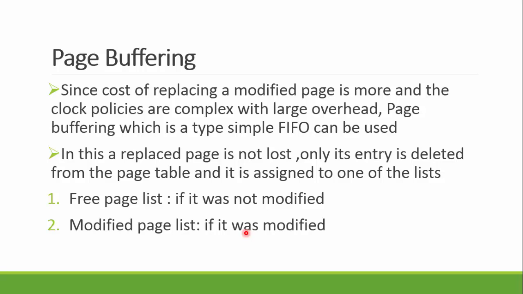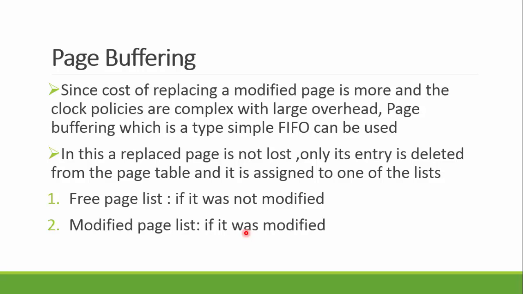In this, there are two lists. One is the free page list and the other is the modified page list. So when a page needs to be replaced, and the page was not modified, the page is put into the free page list, and the entry from the page table is deleted.